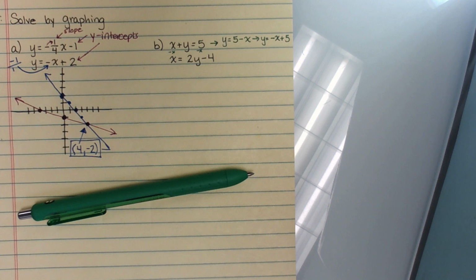There we go, that makes a little more sense. Imagine the variable you're not trying to get alone is just a number. How do I get y alone? How do I solve for y? I start by adding 4. And then I'm going to divide by 2. The only difference in a problem like this is when I add 4 to both sides, is x plus 4 going to combine? No.